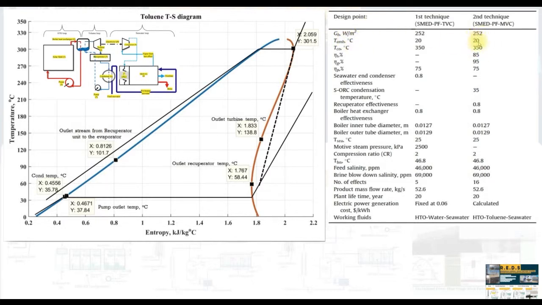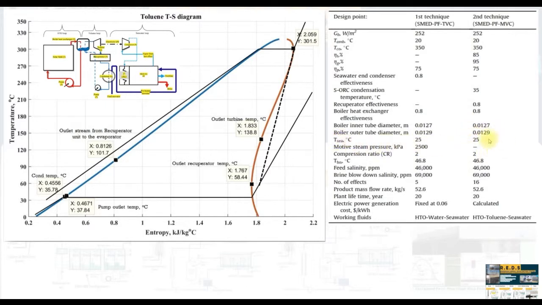For the solar field, we are going to assign the ambient temperature, the outlet temperature of the solar collector, some efficiencies, and effectivenesses. Condensation temperature 35 is quite suitable for the condenser unit. And we have recuperator efficiency, boiler heat exchanger efficiency, boiler inner tubes, and some design inputs.